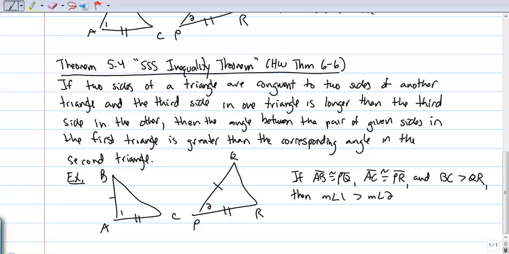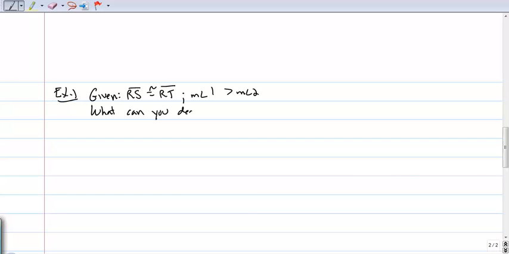Let's take a look at a couple of examples on how we can use these two theorems. Example 1. Let's say that you're given that segment RS is congruent to segment RT, that the measure of angle 1 is greater than the measure of angle 2. The question might be, what can you deduce from this picture?